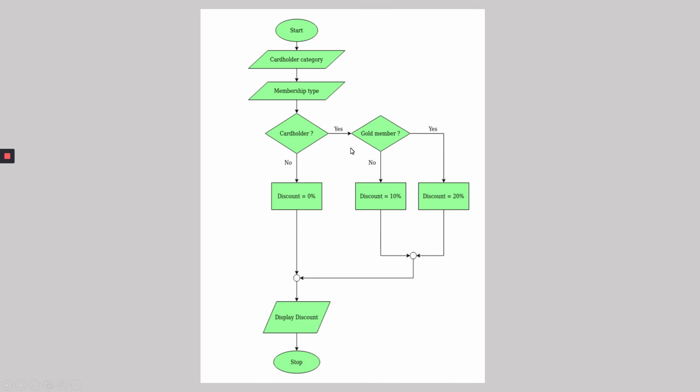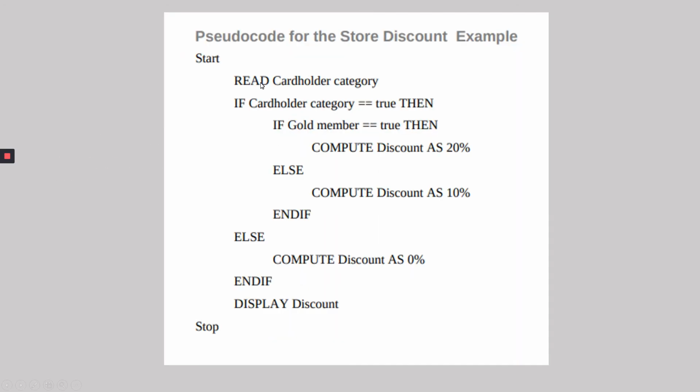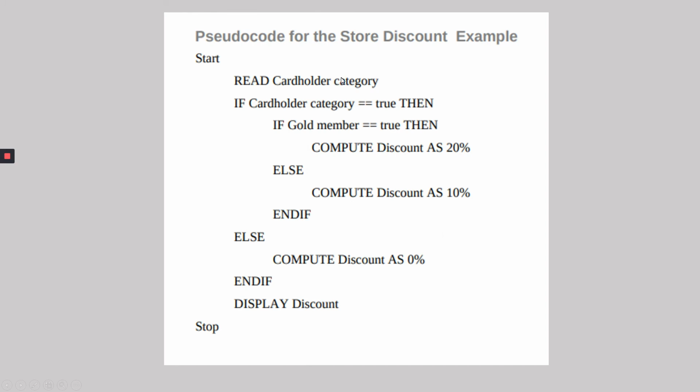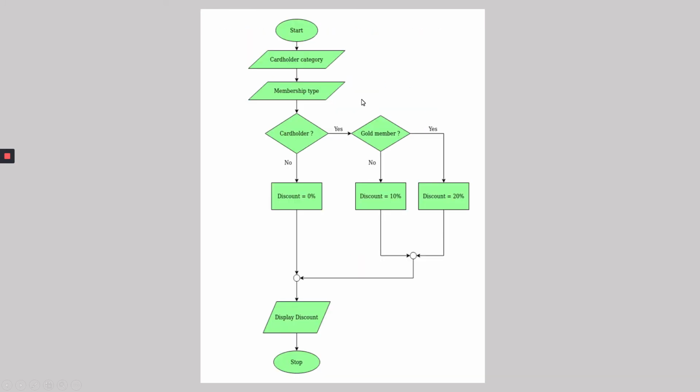You could pause anytime. Okay, so we start with the oval, and the input is going to be the cardholder category. So right here you could put whether it is gold or silver or nothing. There are 3 categories.